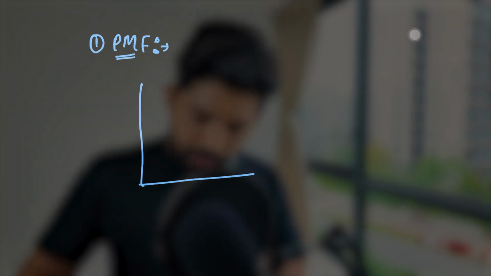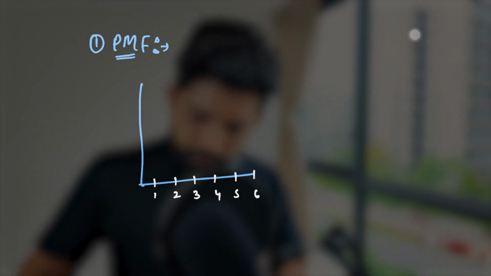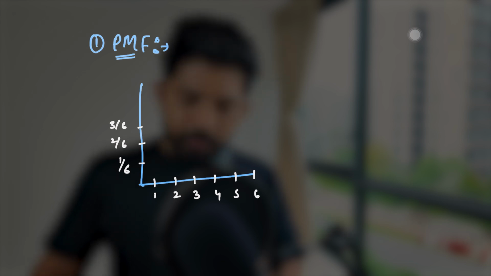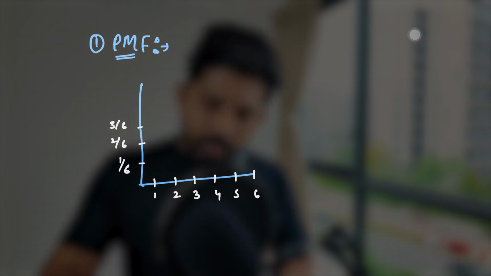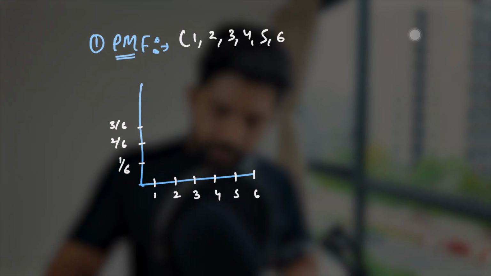I'll draw a plot, and here I'll give, let's say, 1, 2, 3, 4, 5 and 6, correct? Similarly, here I can write 1 by 6, 2 by 6, 3 by 6, right? Now we know that the possible outcomes of a dice are 1, 2, 3, 4, 5, 6.